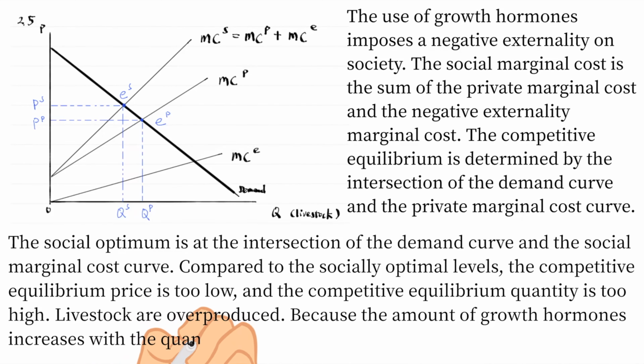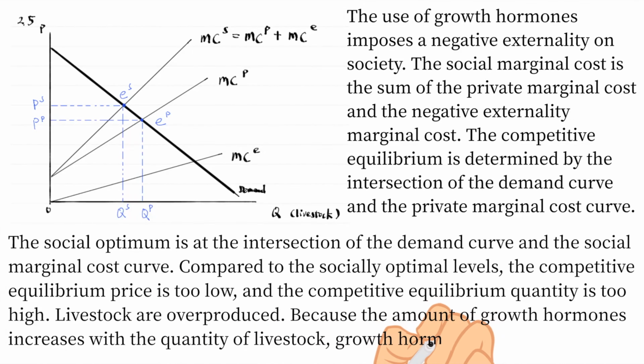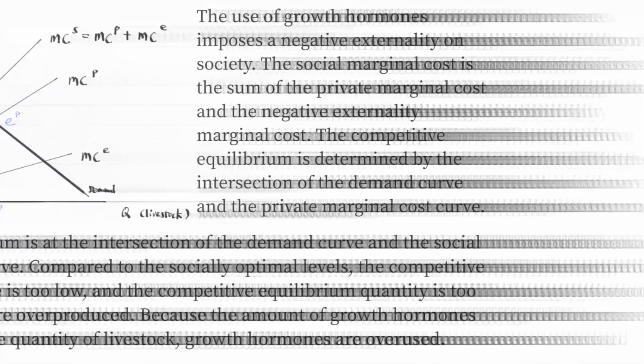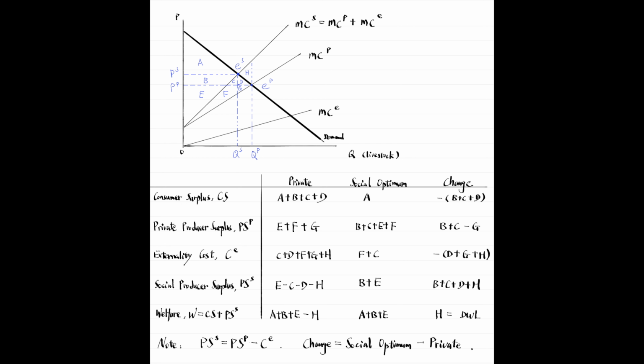Growth hormones are overused. We write the consumer surplus, the private producer surplus, the externality cost, the social producer surplus, and the welfare in a table.